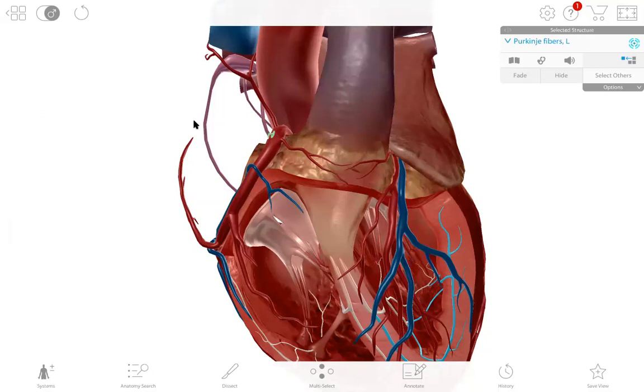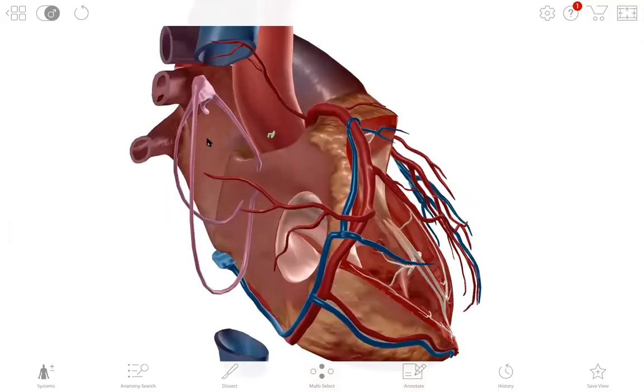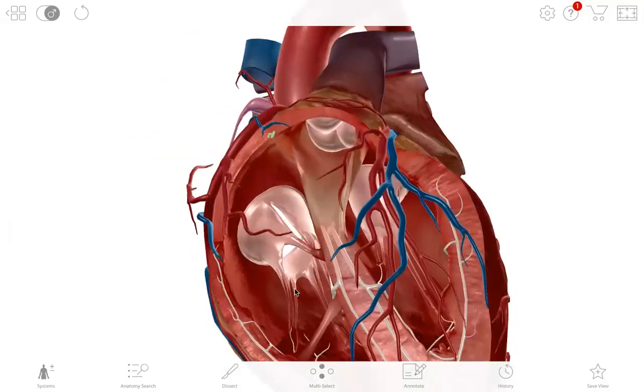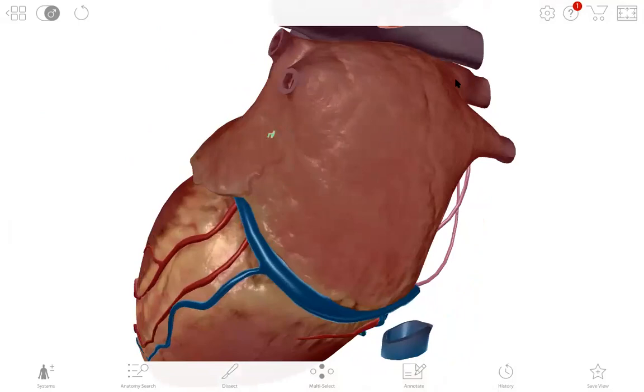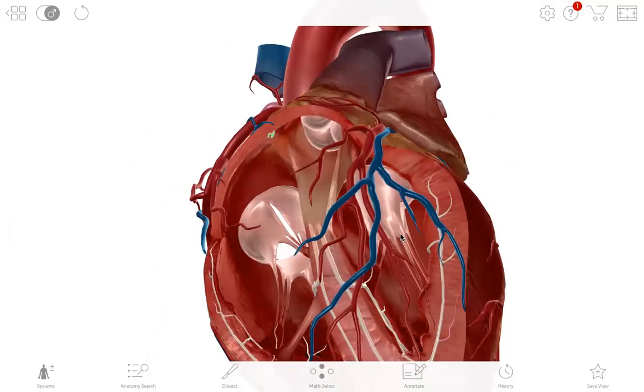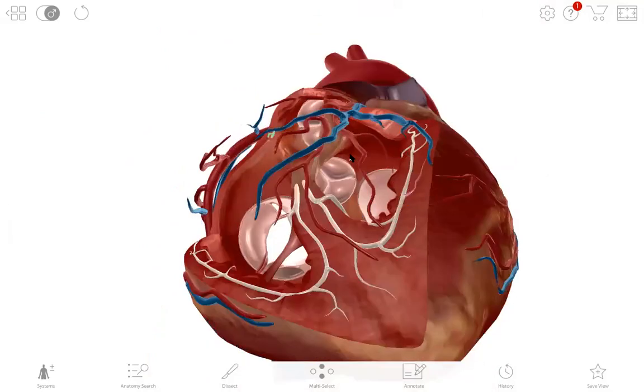Now we mentioned that the openings in the right atrium are the superior vena cava, inferior vena cava, coronary sinus, and the tricuspid opening. The openings in the right ventricle are the tricuspid opening and the pulmonary valve. The openings in the left atrium are the 4 pulmonary veins. The openings in the left ventricle are the mitral valve and the aortic valve.